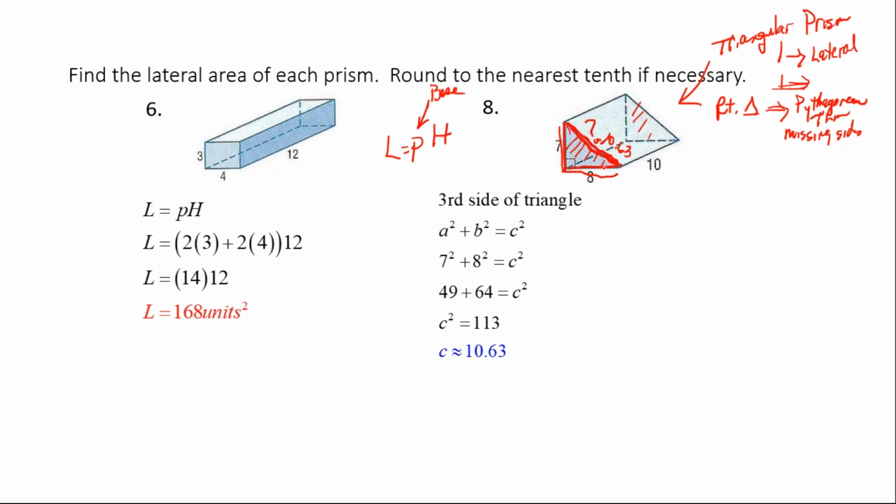I can get my perimeter by adding those 3 sides up. Height: remember, this is the height because that's the distance between the back and the one in the front. So there's my lateral. I'd say at least to the tenth. Don't go out any farther.